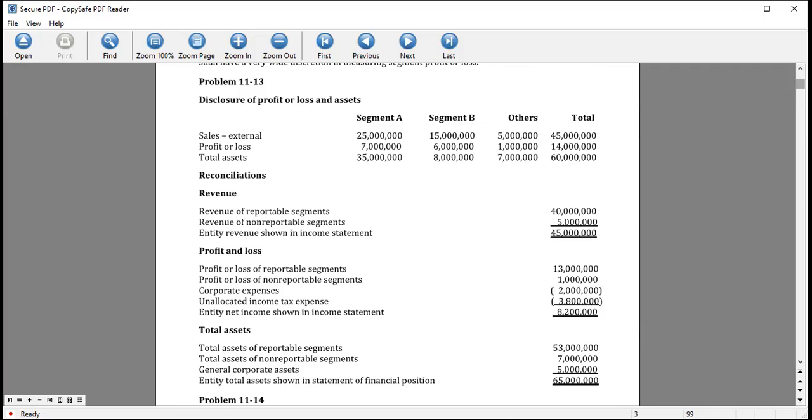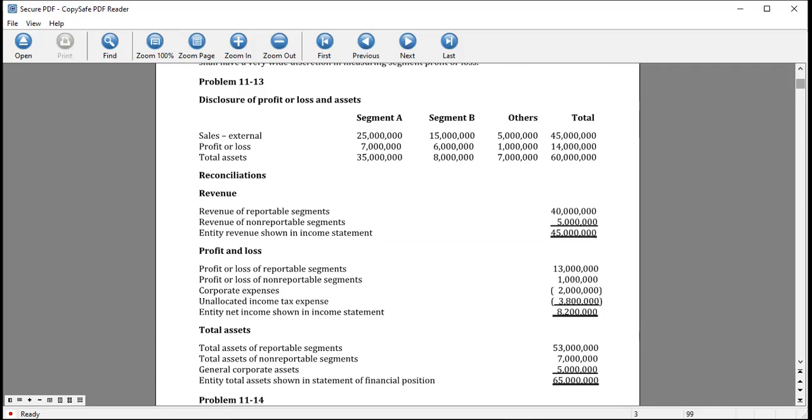So the total of 45 million. Then the profit or loss for segment A, the profit is 7 million. That's the difference between 25 and 18. So profit is 7 million. Segment B, 15 minus 9, 6 million. And others, 5 million minus 4 million. So it's 1 million.